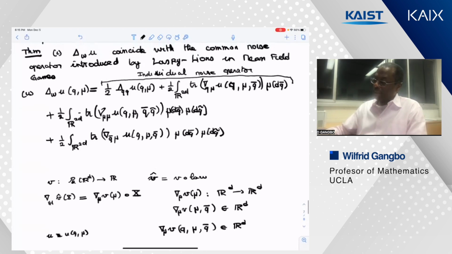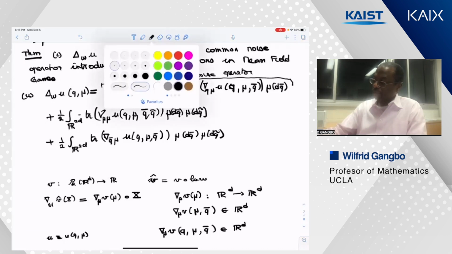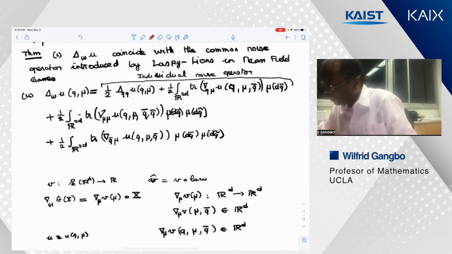This explains why here you have an extra argument, because you differentiated once with respect to mu.